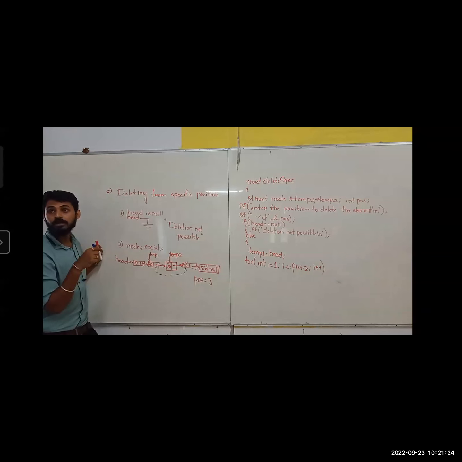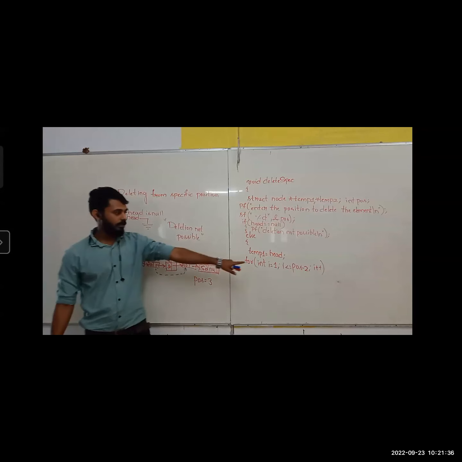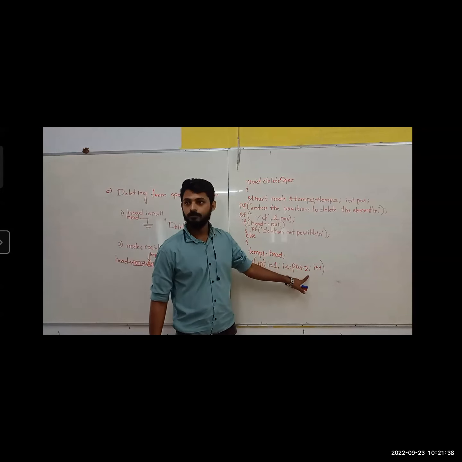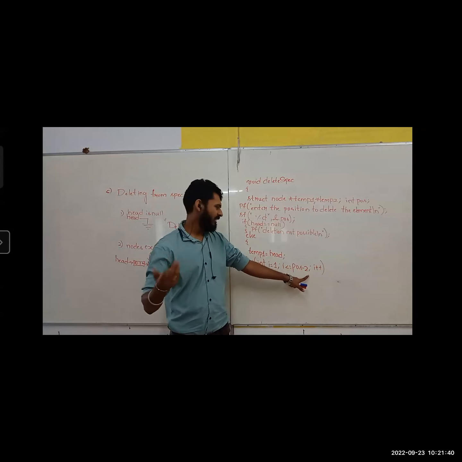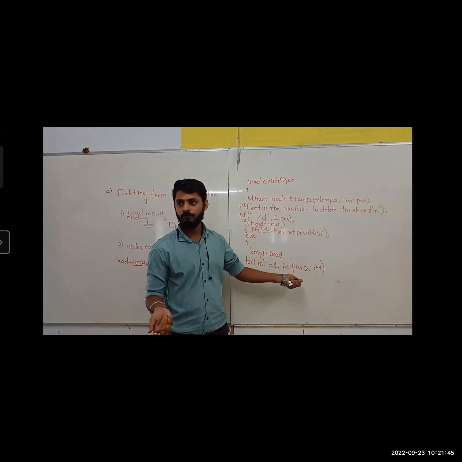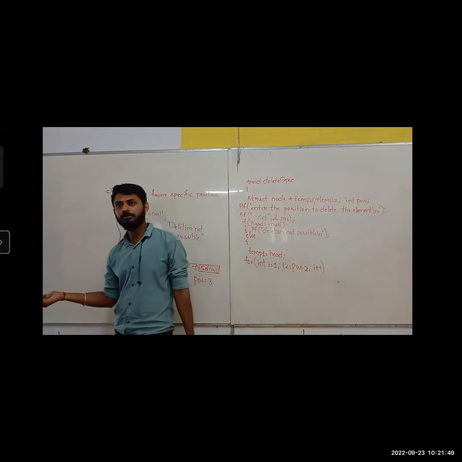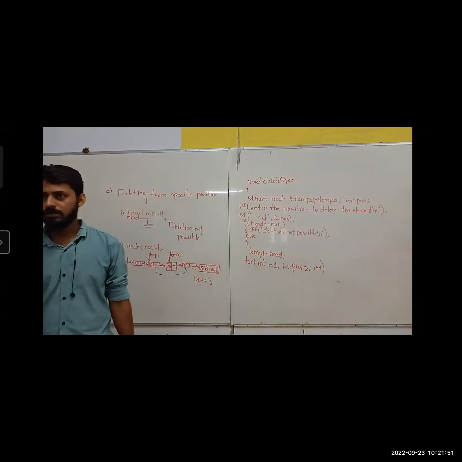If you want to point your temp to 15th, then 14. If you want to point your temp to second, then 1 time. 3 minus 2 is 1, or otherwise you can also write less than position -1. Either writing less than position -1, or less than or equal to position -2, both are one and the same.